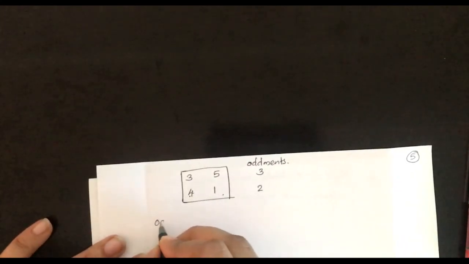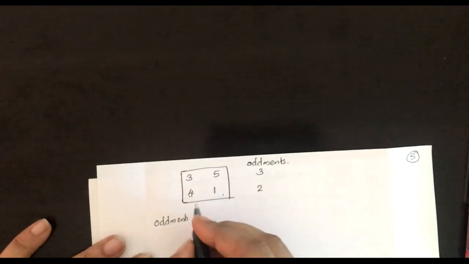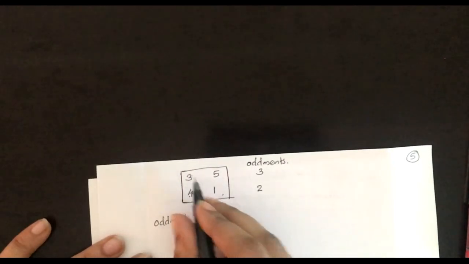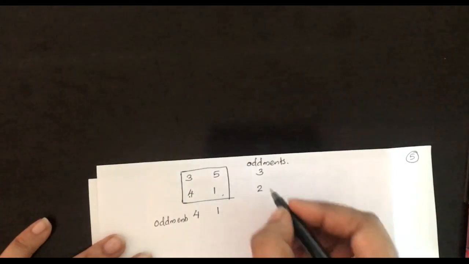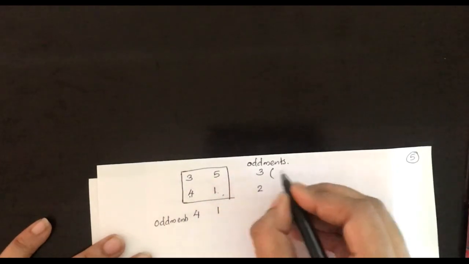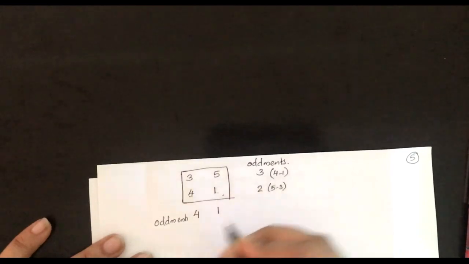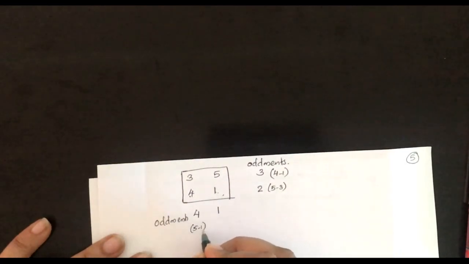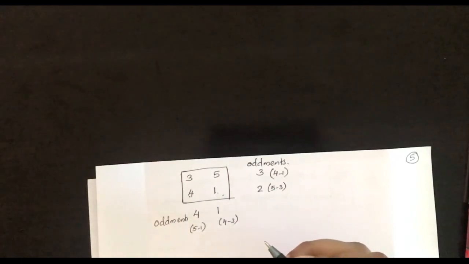Then column oddments. 5 minus 1, 4. 4 minus 3, 1. Once again I will write: 4 minus 1, this is 5 minus 3, this is 5 minus 1, this is 4 minus 3. Now we get the oddments.